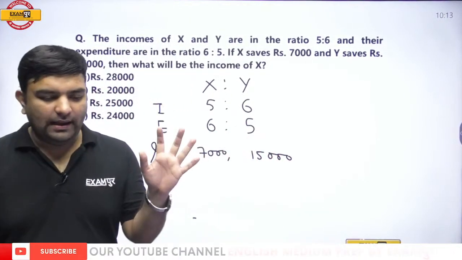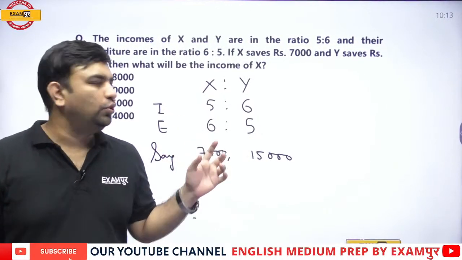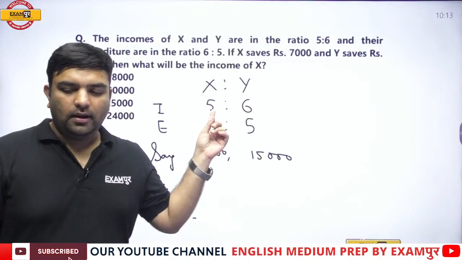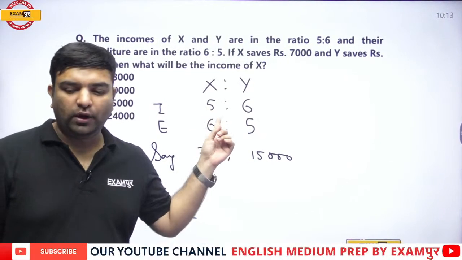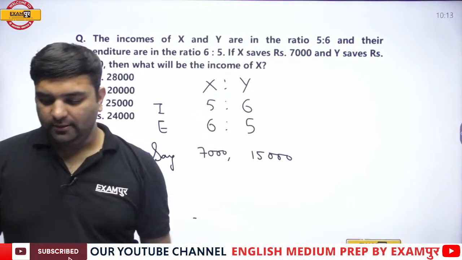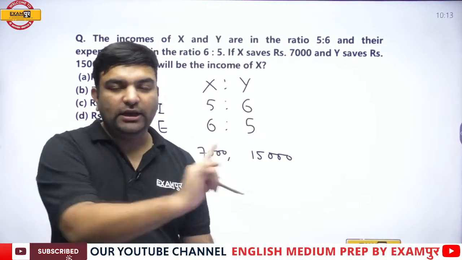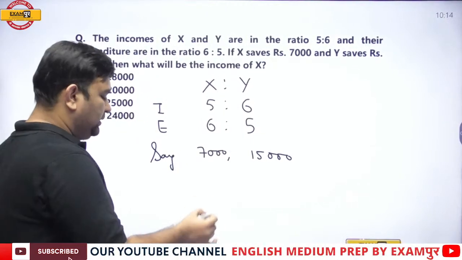Ratios are not balanced. How do we get to know? How can X spend more than what he earns? It means ratios are not balanced. We do not need to balance the ratios.